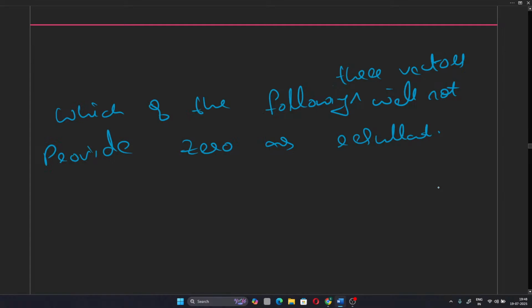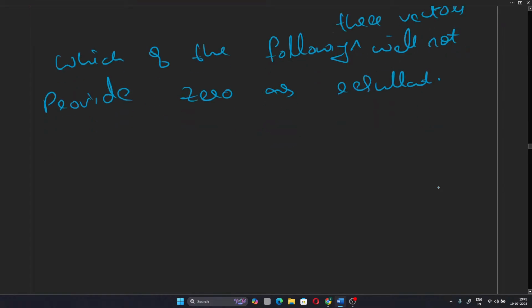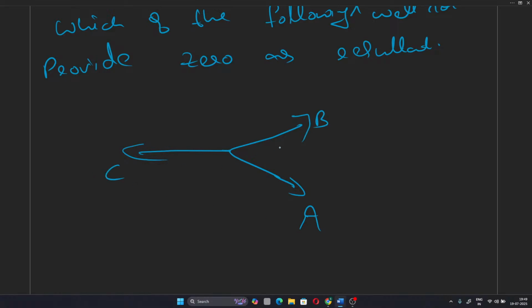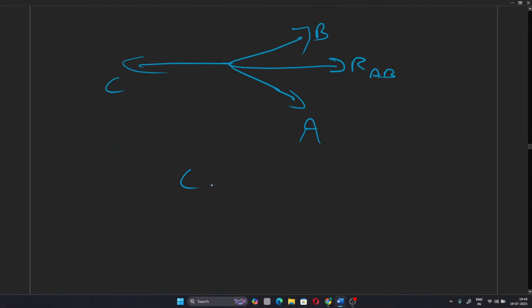First one is, the resultant of any 2 vectors should be equal and opposite to the third vector. In this case, if these are A, B and C, and the resultant of A and B is R_AB, if C has the same magnitude and C vector equals minus R_AB vector, then the resultant is 0.